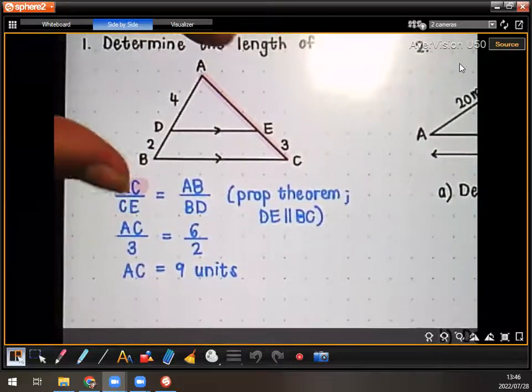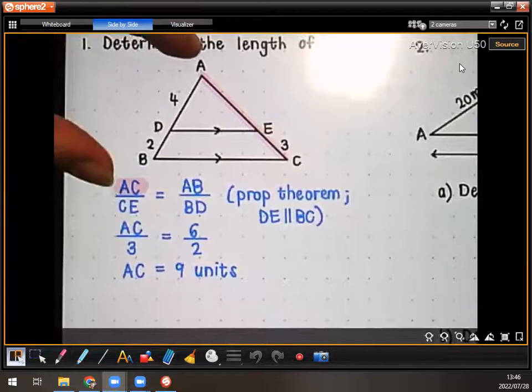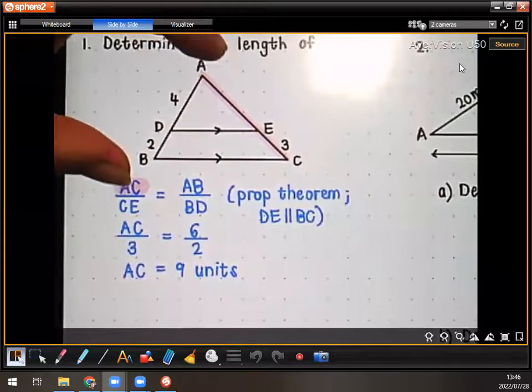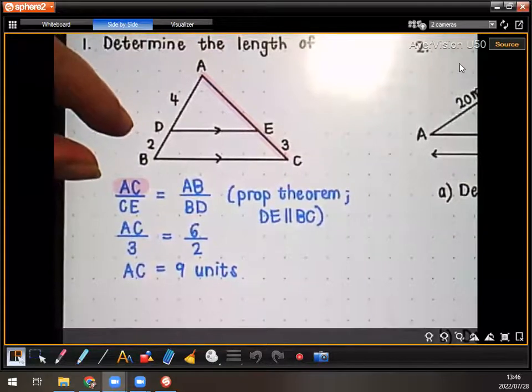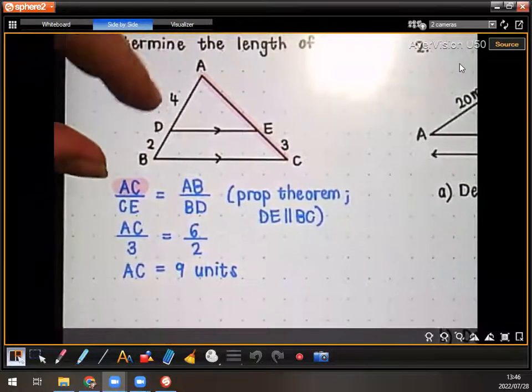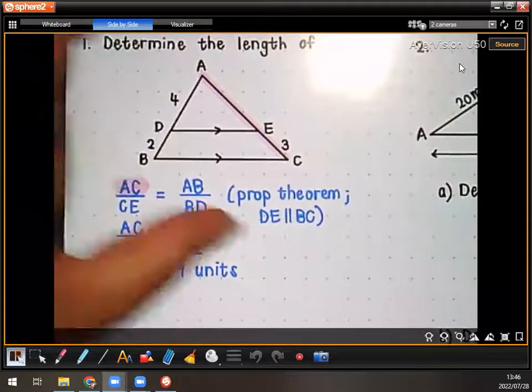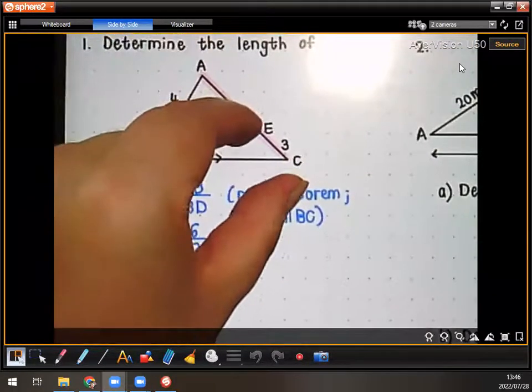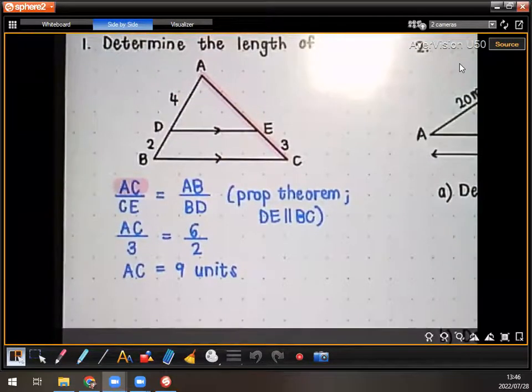You could look at the length of the whole side is 6, and the length of the small part is 2. So the whole side is 3 times the small part, right? 6 is 3 times 2. So you could have done the same thing here. This whole side needs to be 3 times the bottom part. But you can also just do a calculation.